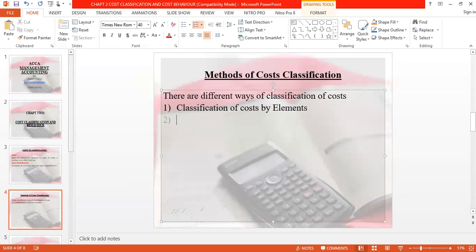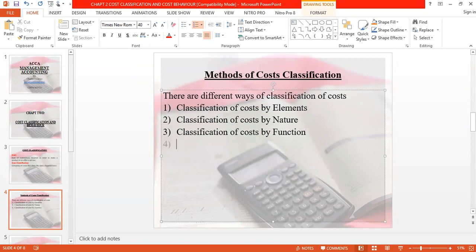Number two, we will look at classification of costs by nature. Number three, we look at classification of costs by function.